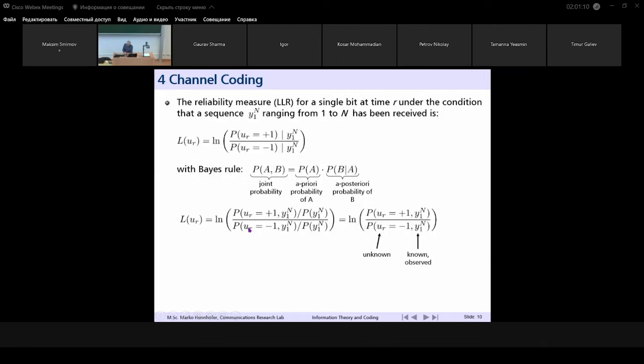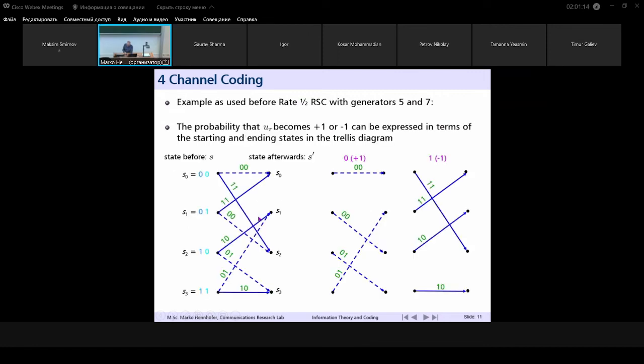Okay, and then basically just many equations here, but let me come to the diagrams which are better to explain this stuff. So just imagine one stage from the trellis diagram, and we basically see that the value of the bit being either 0, like the dashed line, or a 1 will depend on the states before and afterwards.